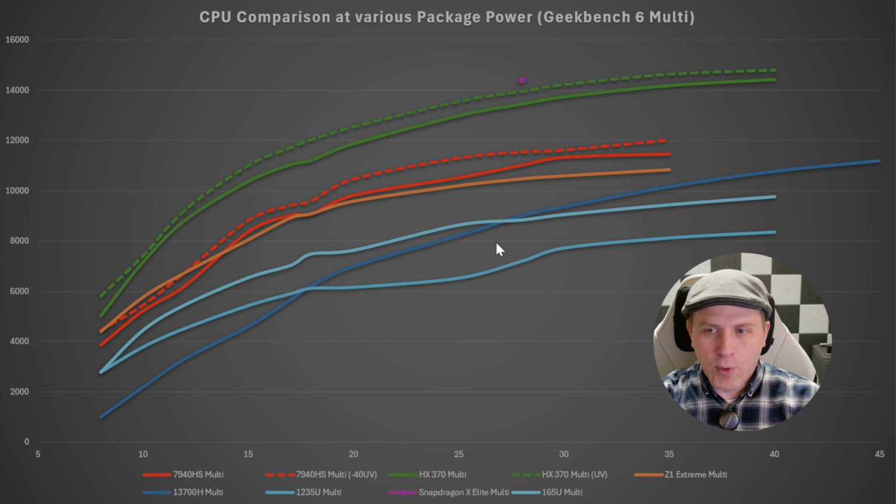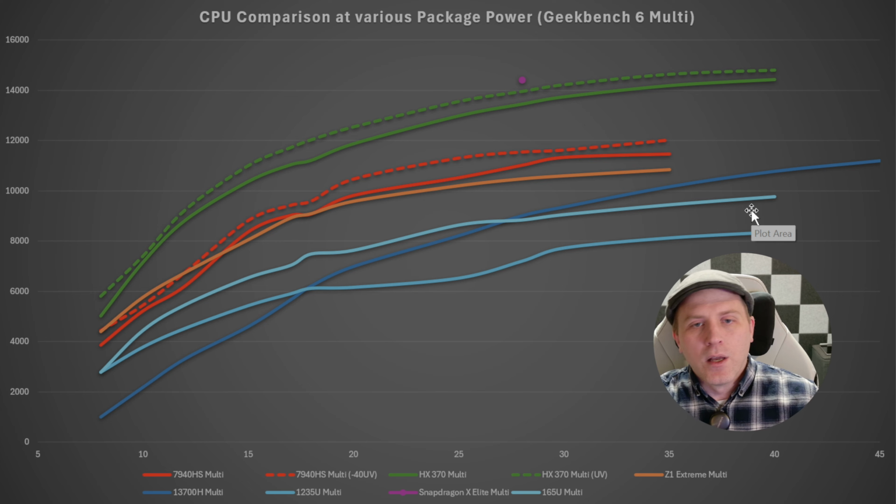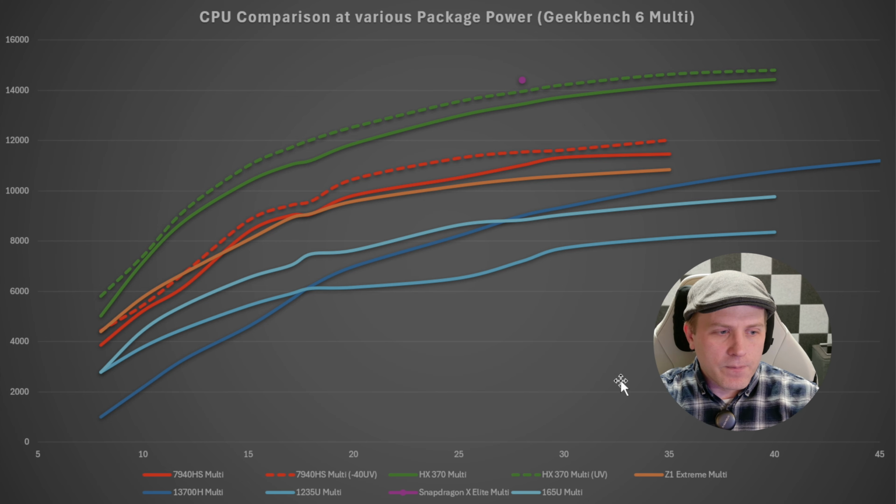Lunar Lake, we already know its multi-core is weak. I would expect Lunar Lake to be very good in this band. You might see it even mirror the HX 370, but then you'd see it level off and kind of come across about this level, I would guess. We know its multi score is not great compared to its single score.